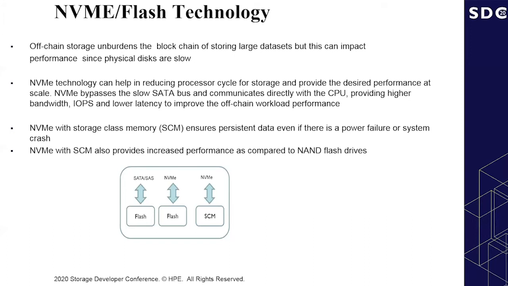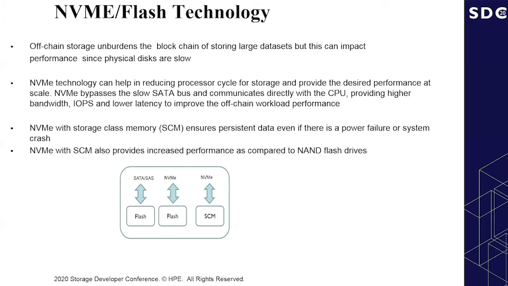So what exactly is storage class memory? Storage class memory is a type of NAND flash, and because of its DRAM-like capabilities, it is often referred to as persistent memory, which ensures persistent data even when there is a power failure. Hence, as I said before, the main advantages of storage class memory include less latency and increased throughput in comparison to just flash SSDs.